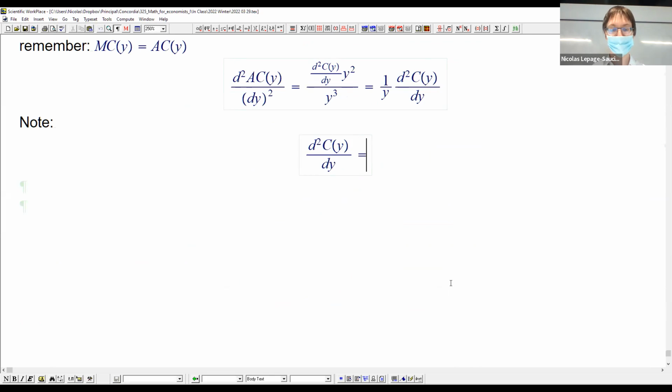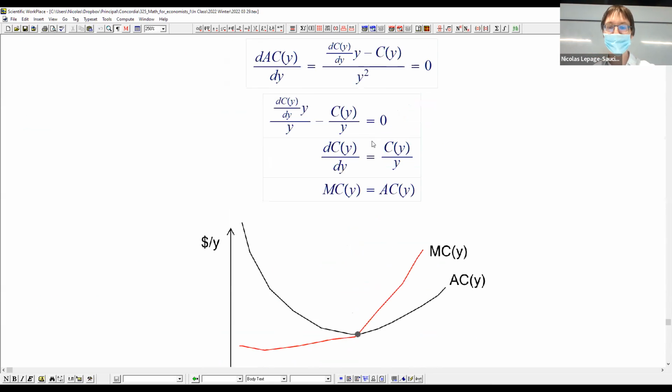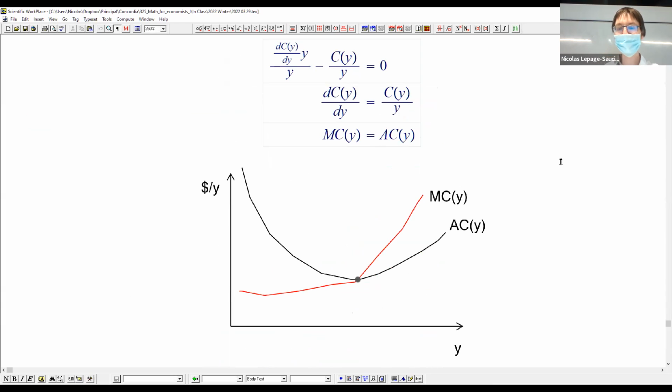So it's also equal to the change in marginal cost with respect to y, because the marginal cost is the derivative. So this second derivative is the first derivative. And do we know its sign? No? Are you sure? If you look at my picture here, what's the derivative of the marginal cost with respect to y?